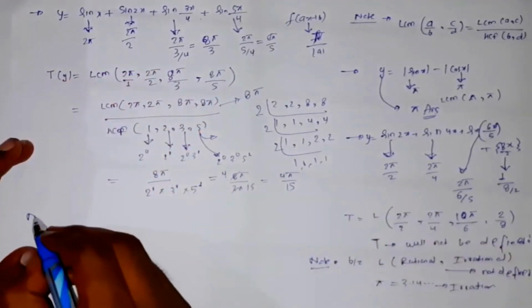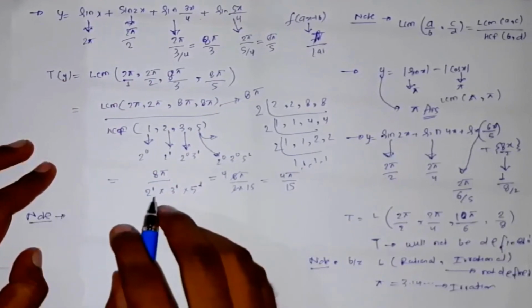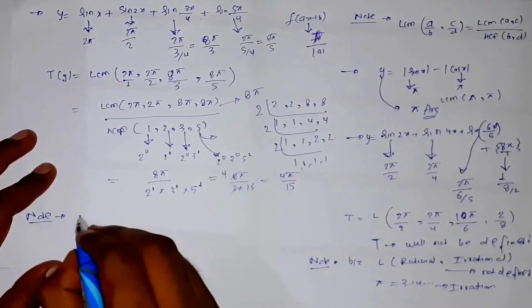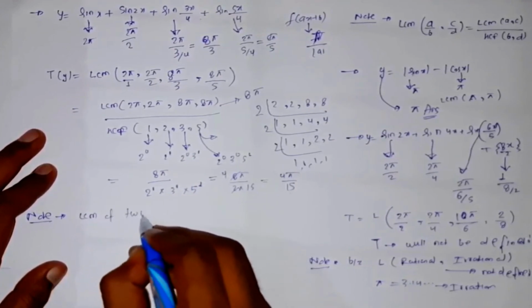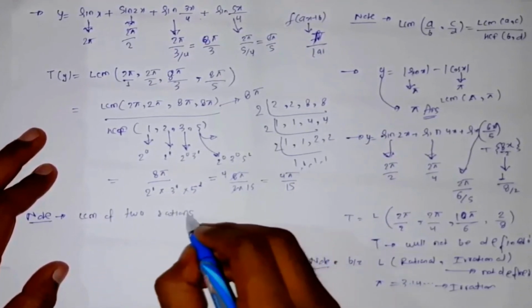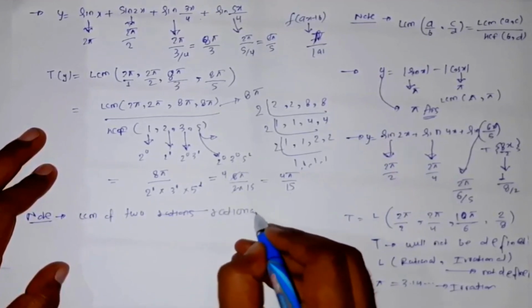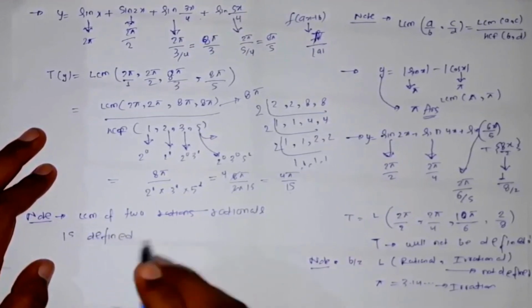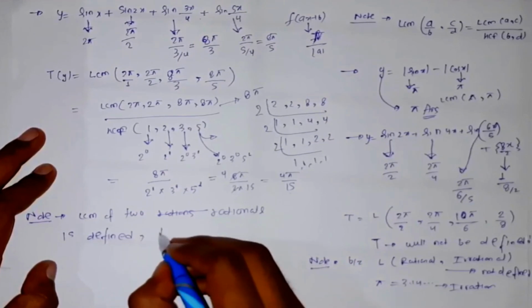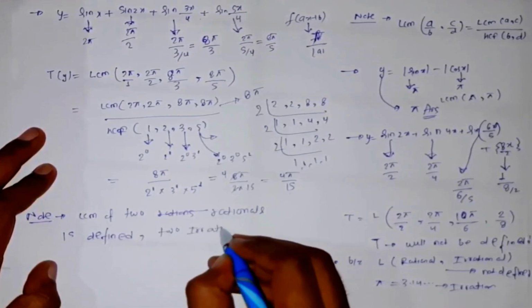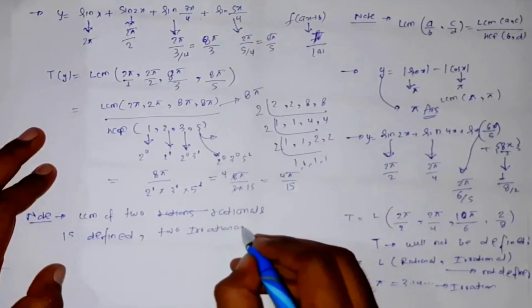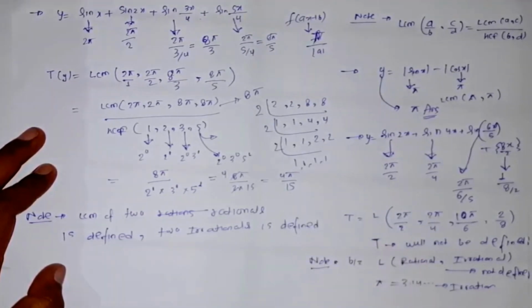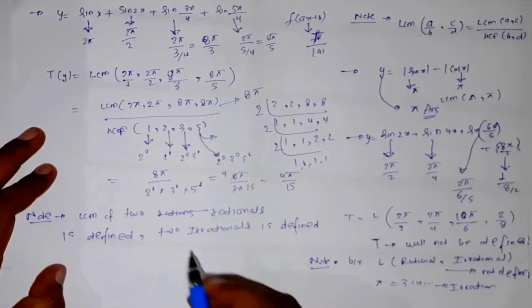I'm saying like this: LCM of two rationals is defined, and LCM of two irrationals is defined.